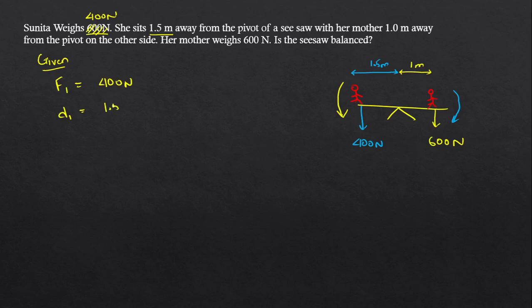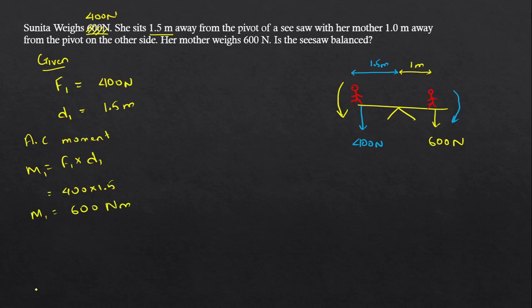Let's say it is 1.5 meters. Now if you want to calculate the anti-clockwise moment, it will be equal to F1 times D1. I'll call it M1. So this is 400 times 1.5, which is 600 Newton meters. So this is the anti-clockwise moment.